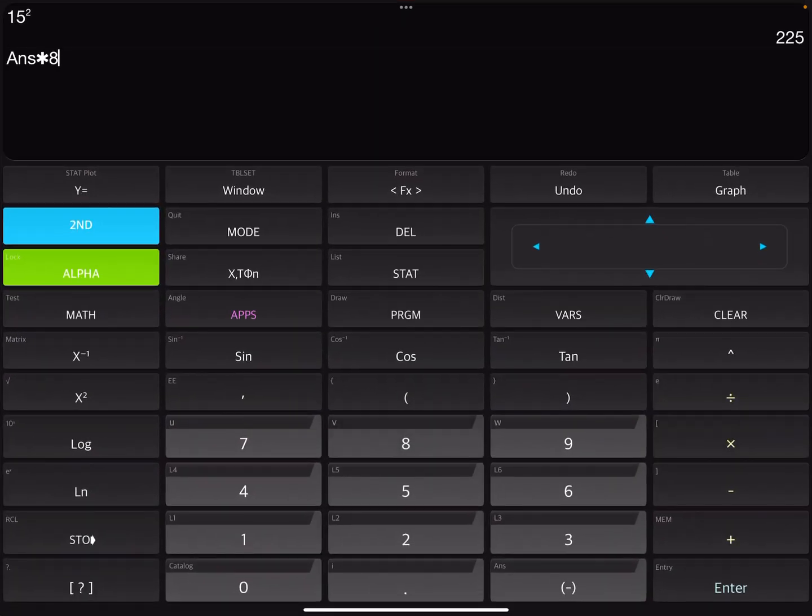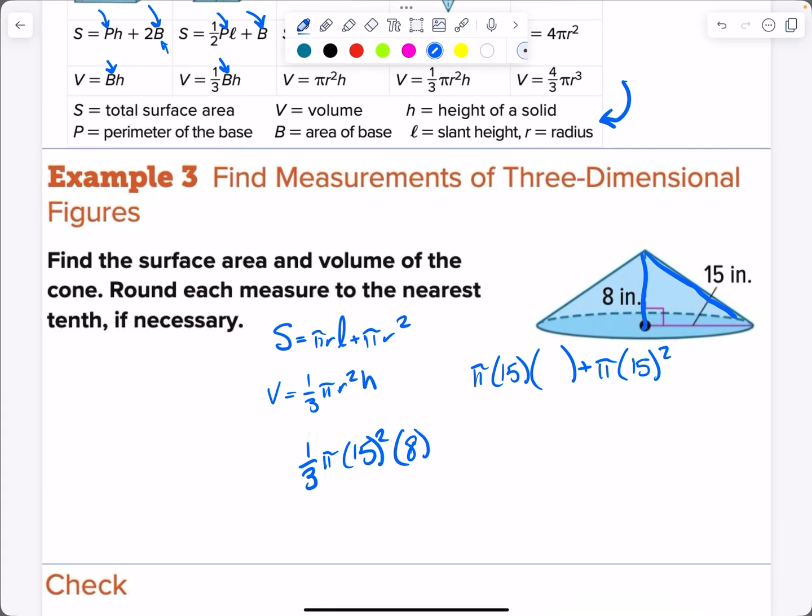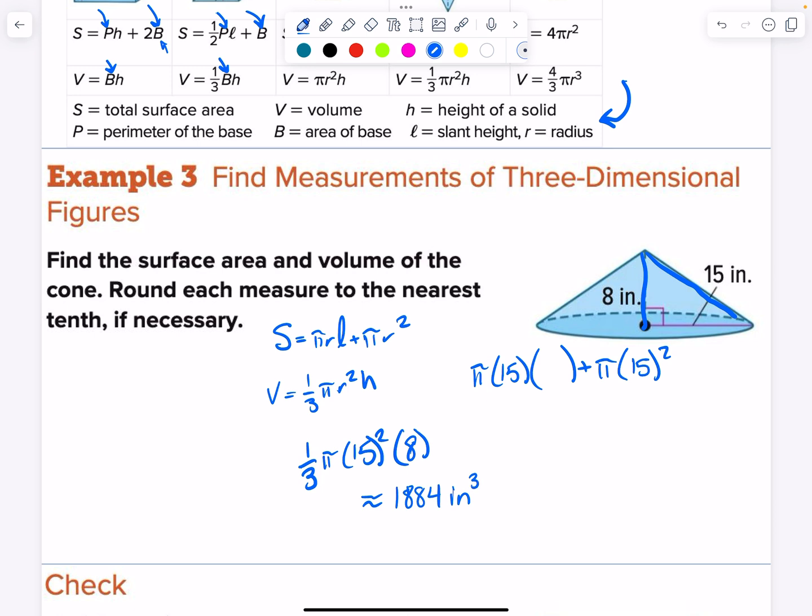So times 8 equals, and then divide by 3 equals, and then times 3.14. So 1884 approximately. I feel like that rounded off a lot. Maybe it's exact. I don't know. I feel like that shouldn't be exact. So approximately 1884 inches, and that's volume, so that should be cubed.